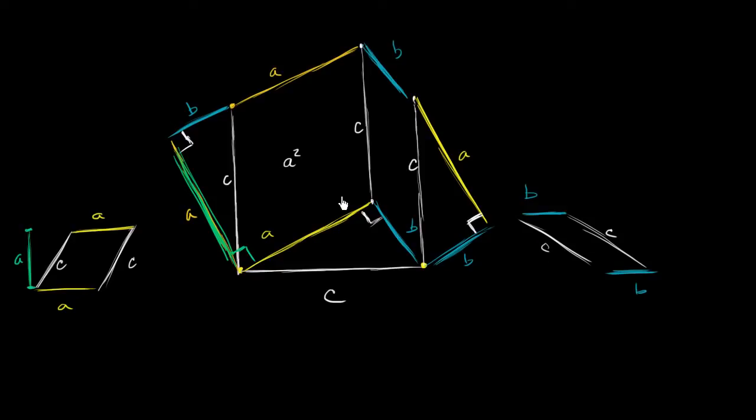Well, you see it right over here. Its height is length B as well. We know that this is 90 degrees. We did a 90-degree rotation. So this is how we constructed the thing. So given that, the area of a parallelogram is just the base times the height. The area of this parallelogram is B squared.